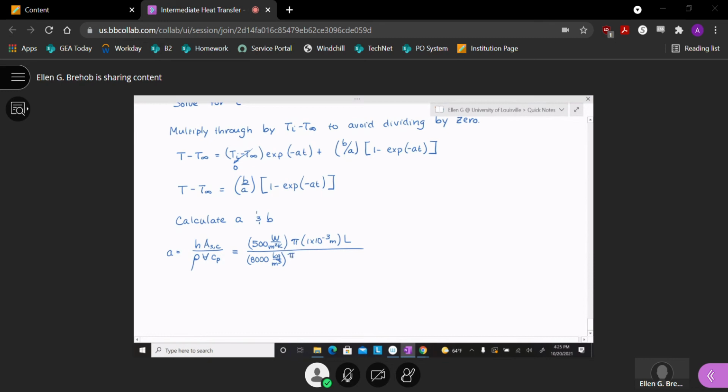Volume, pi over 4, diameter squared. And then we've got a length, and we're feeling good because we got rid of those two lengths. And specific heat, ooh, 500 joules per kilogram. Okay.